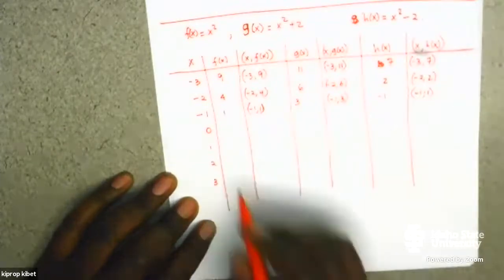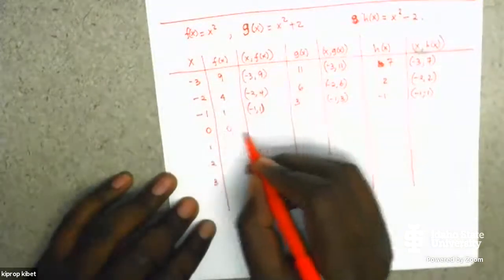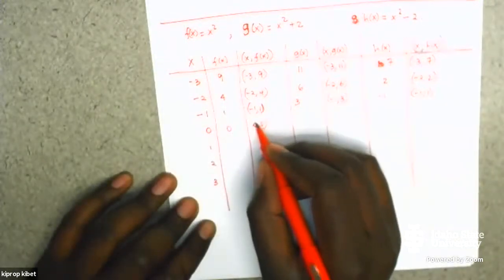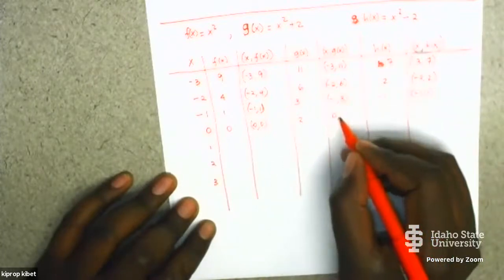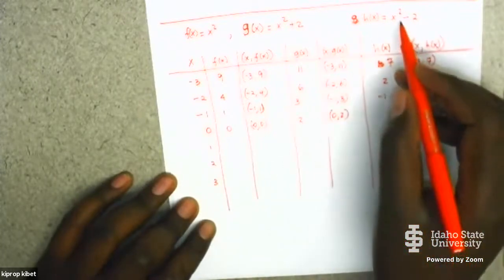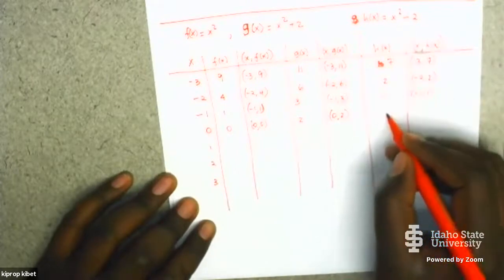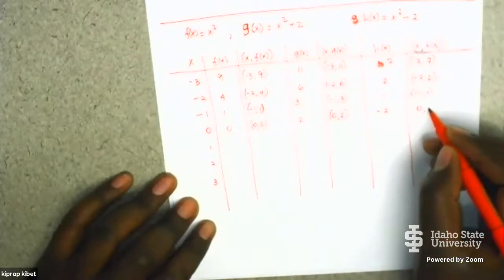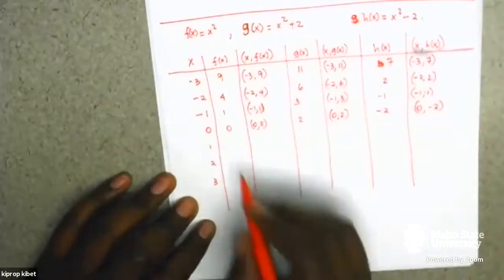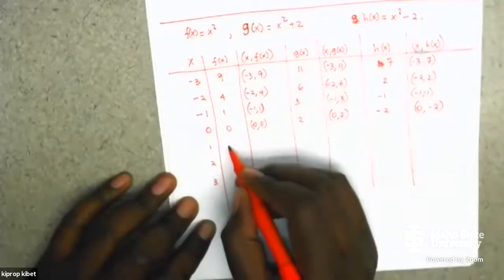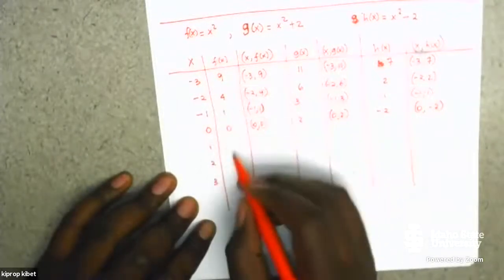Okay, we have 0. So this will be 0, 0. This will be 2, so 0 and 2. This will be -2, so 0 and -2. The next one is 1, just similar to the other one.